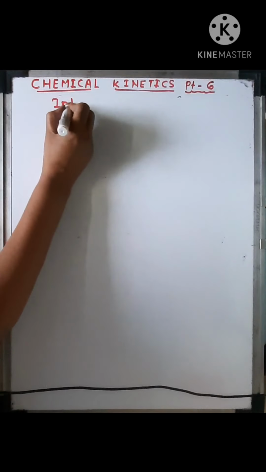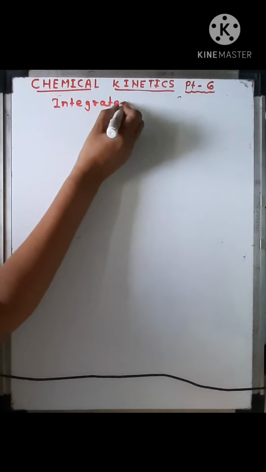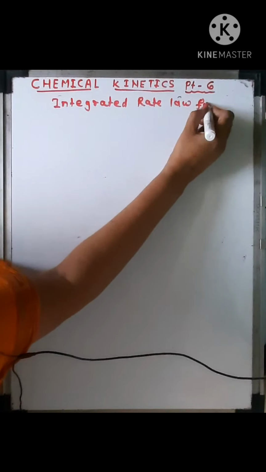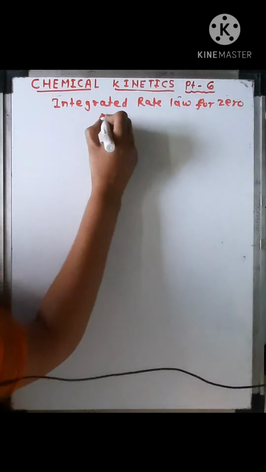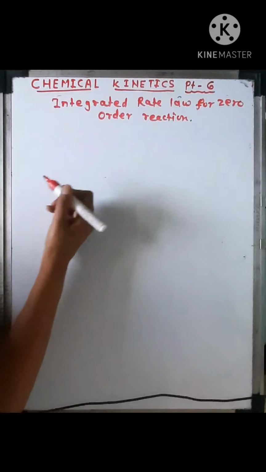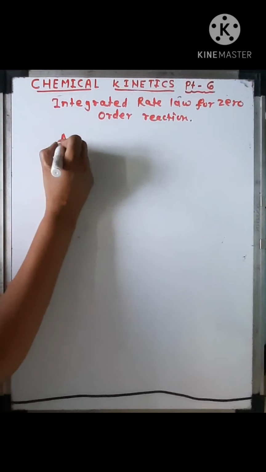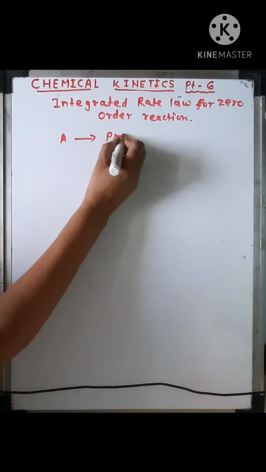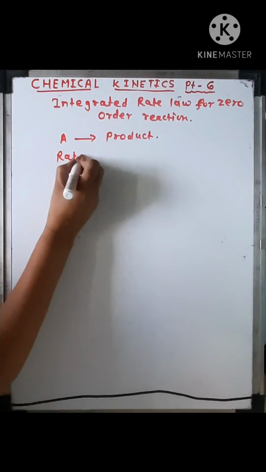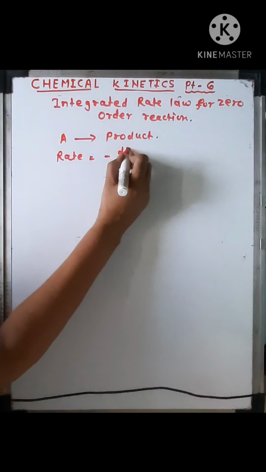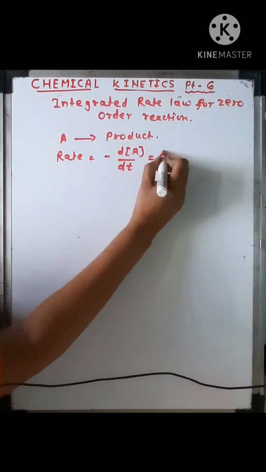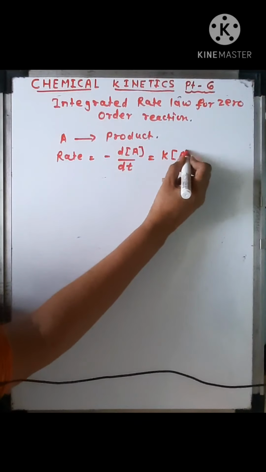Okay. Now second equation is integrated rate law for zero order reaction. Consider a general reaction A gives product, and rate is equal to minus dA upon dt, and it is equal to K into A raised to 0.